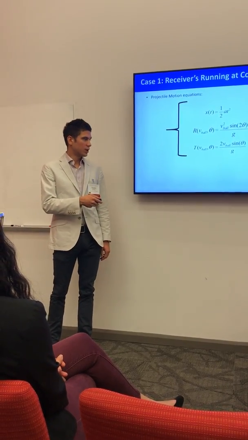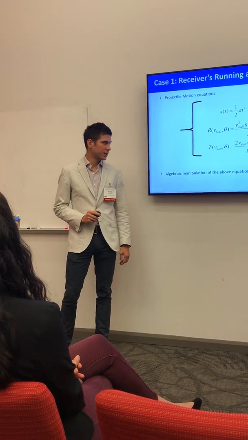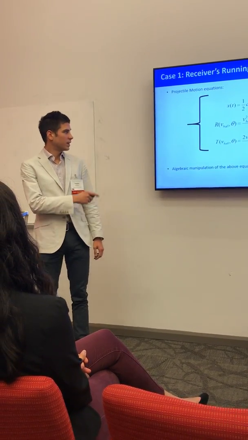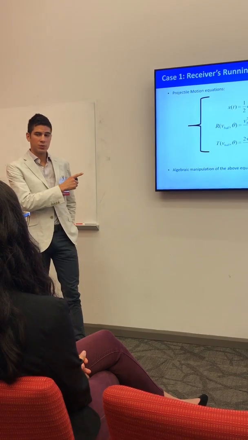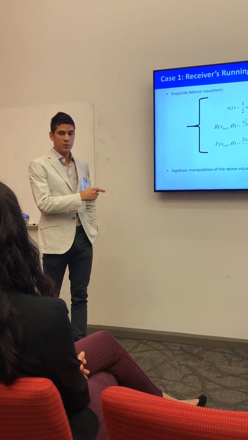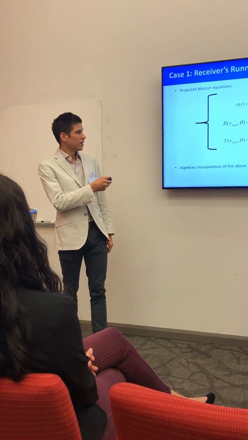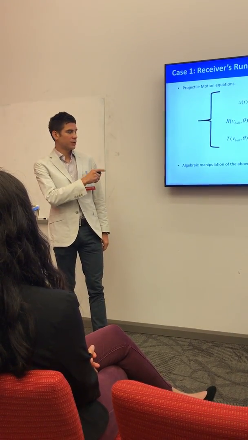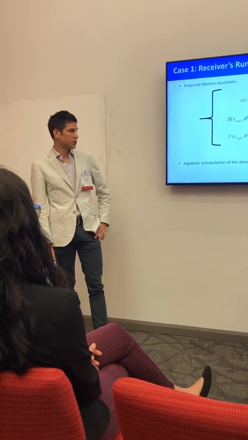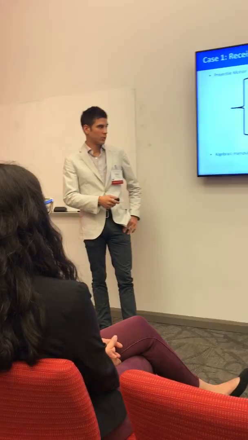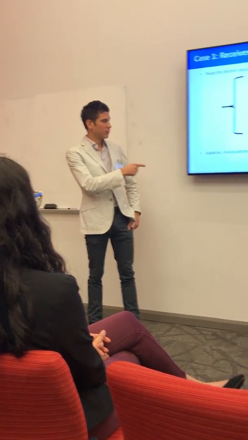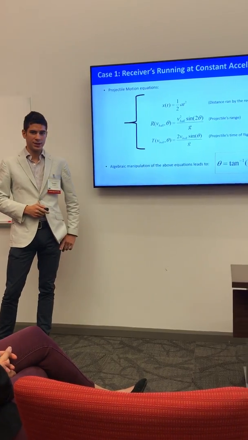Combining those equations, we can solve for the angle theta. Basically, we substitute the left-hand side of equation 1 with equation 2, where both equations define the distance, and substitute time on the right-hand side of equation 1 with equation 3, where both equations are equations of time. Manipulating the equations, we can get angle theta.